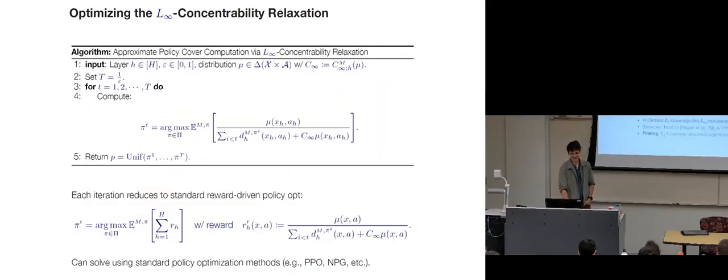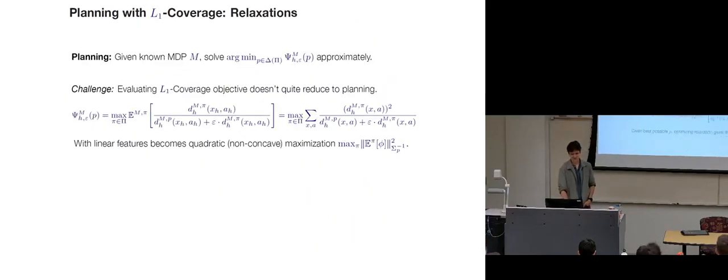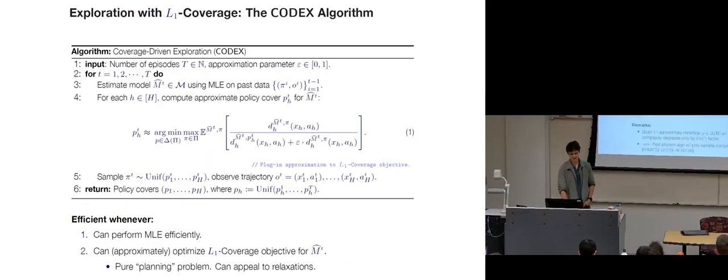The main reason it shows up, let me go to the pseudocode. The main reason it shows up is that you're doing MLE on past data. If you want to show that the policy cover is a good policy cover, in the current iteration, we do some offline to online conversion.